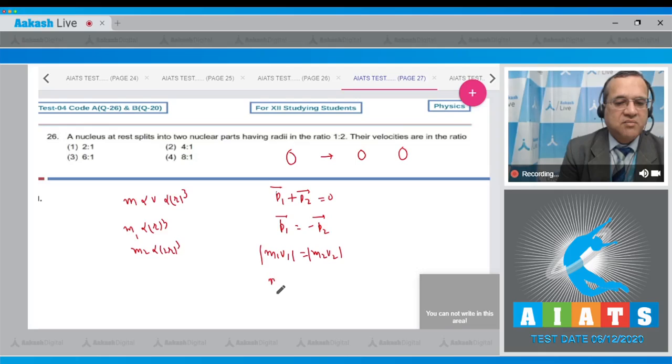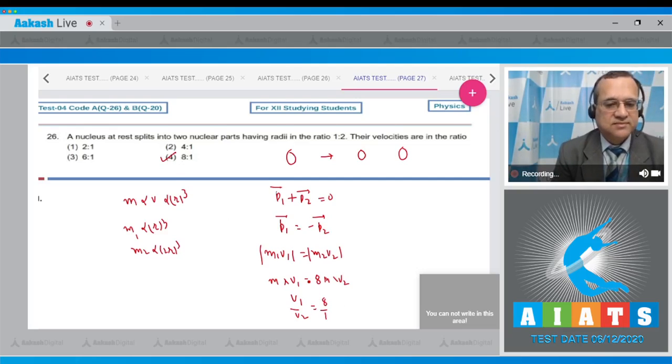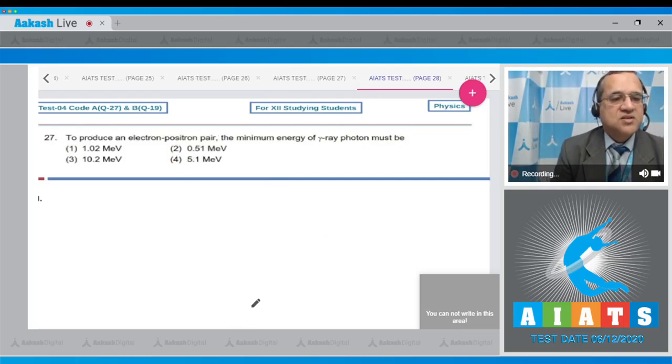So mass m into v1 is equal to 8m into v2. Therefore, the velocity ratio v1 by v2 is equal to 8 by 1. So the correct option is the fourth one, 8:1.